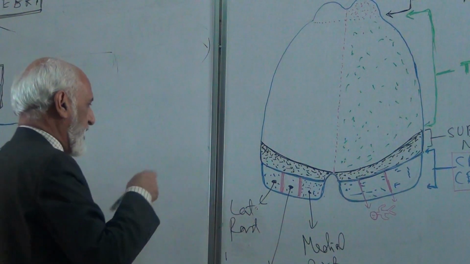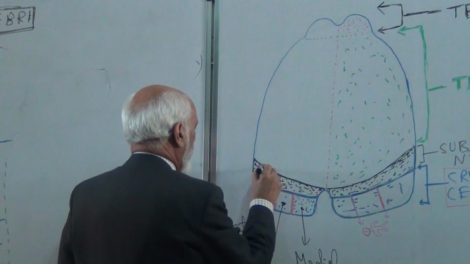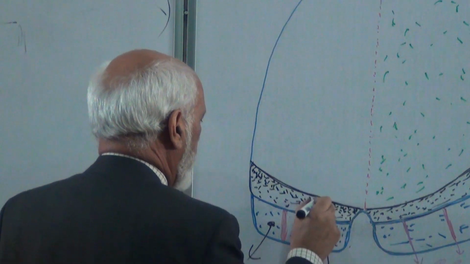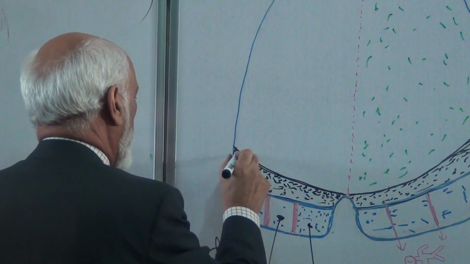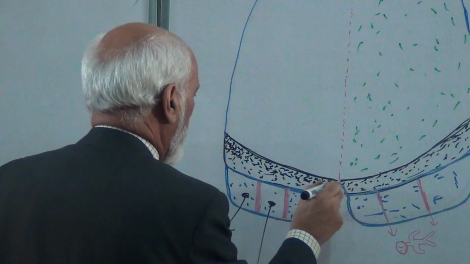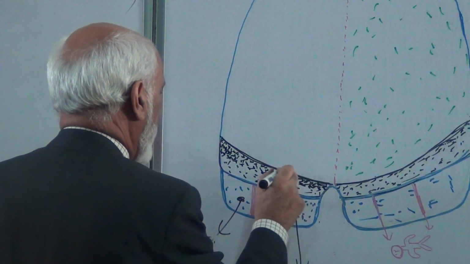Now the substantia nigra is divided into two parts. Its dorsal part is more darkly stained, more compact, more dense as compared to the ventral part.